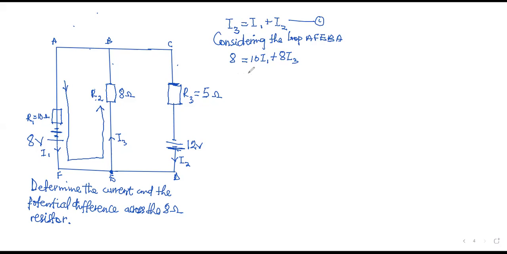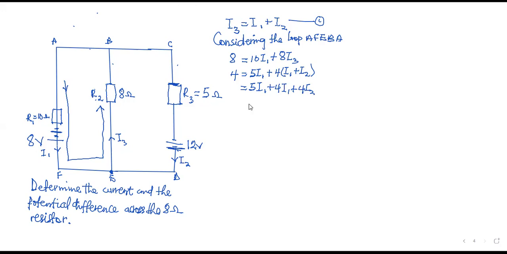2 can go into the coefficient. So 4, 5 I1 plus 4 I3. However, I3 is equal to I1 plus I2. So in place of I3, I substitute I1 plus I2. 5 I1 plus 4 I1 plus 4 I2.